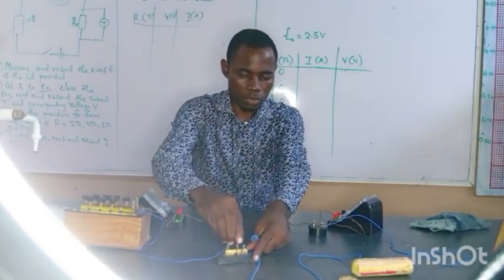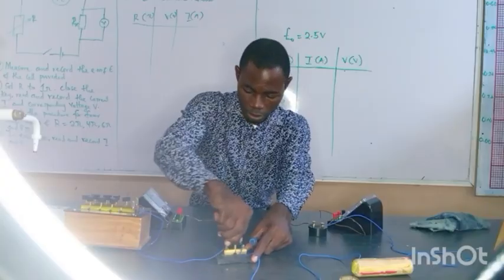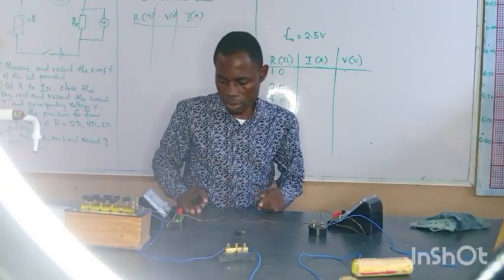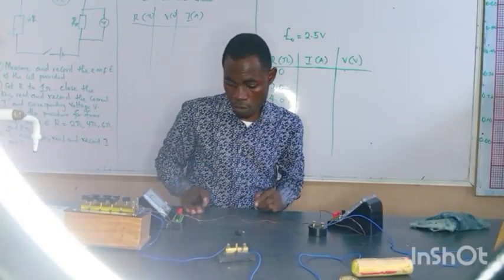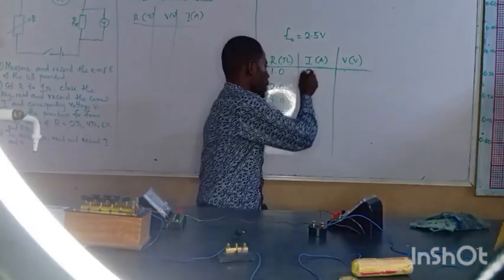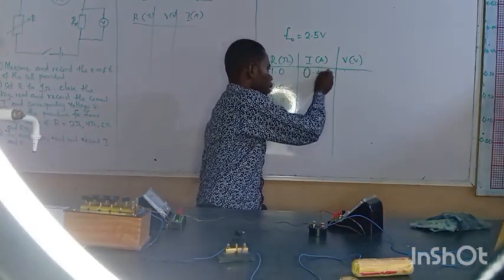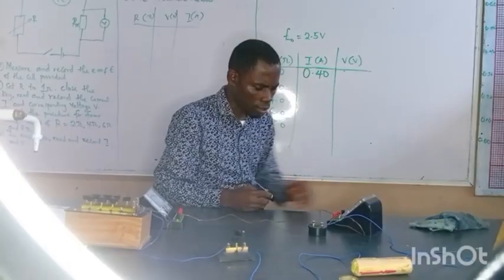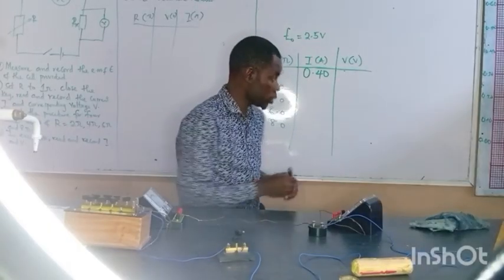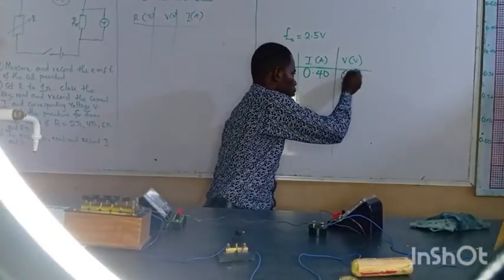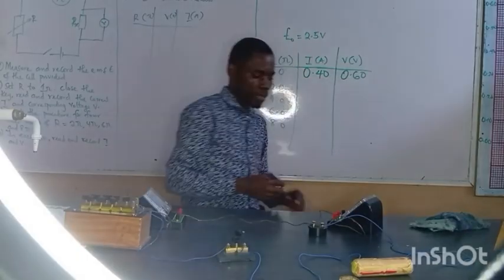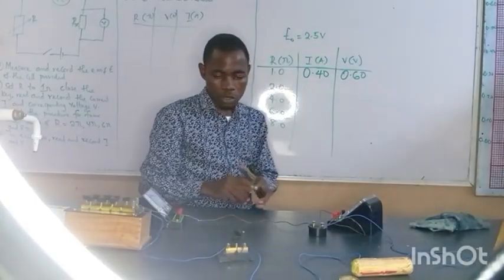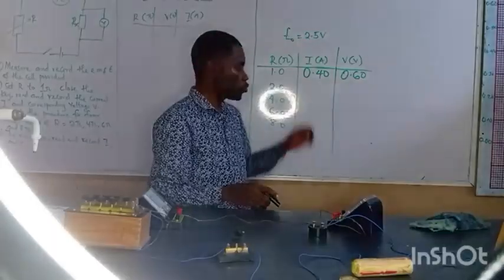Now let me plug this. What am I going to see? On my ammeter, I'm seeing 0.40, and on my voltmeter, I can see 0.60. So now I don't want us to waste time, I'll go to the next measurement.